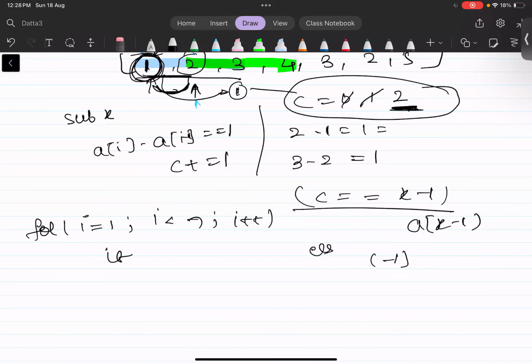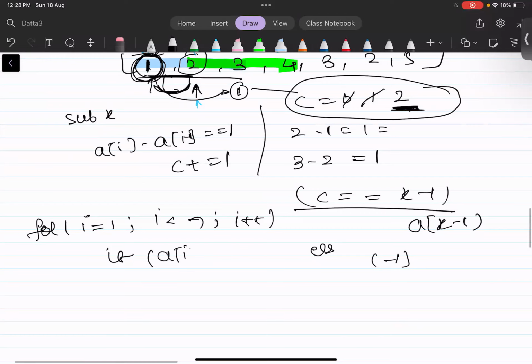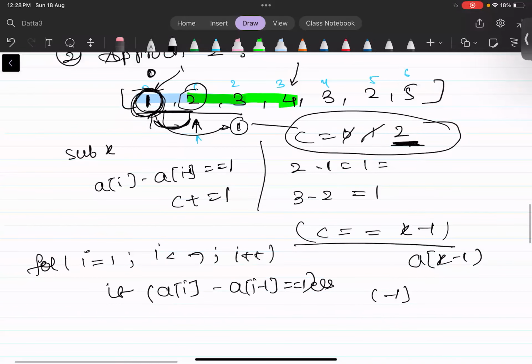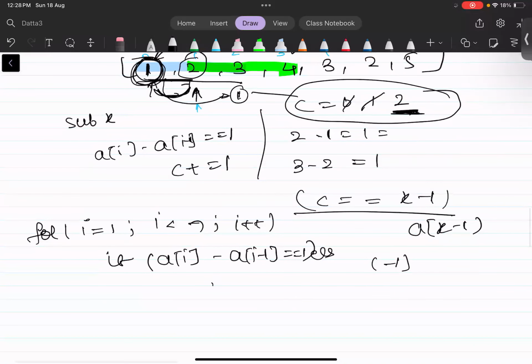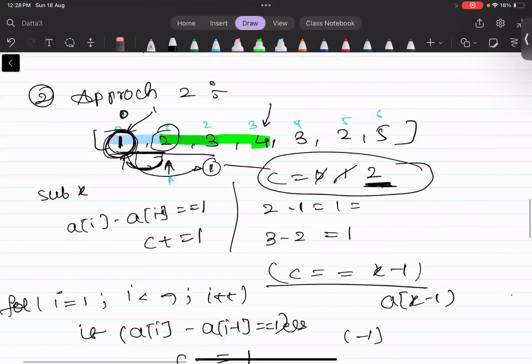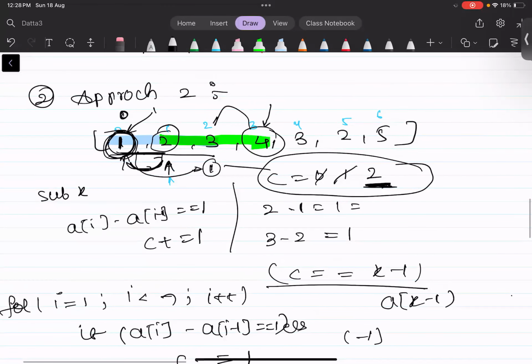So if the difference between, let's say A, we took A as the array, a of i minus a of i minus 1 is 1, it means these two elements contributed a value to my C. Then in that case, I'm going to decrement it. Now this 4 got added to my subarray, right?